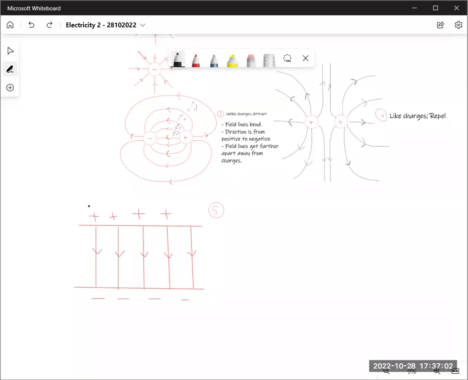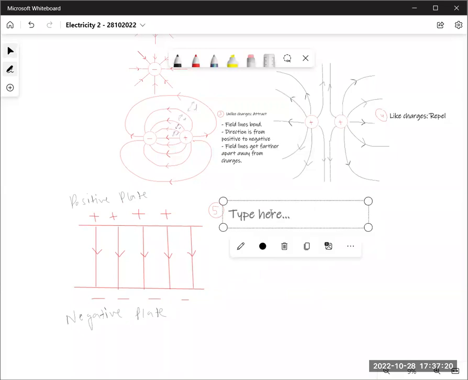This is a positive plate, and this is a negative plate. These are called charged plates, charged metal plates.